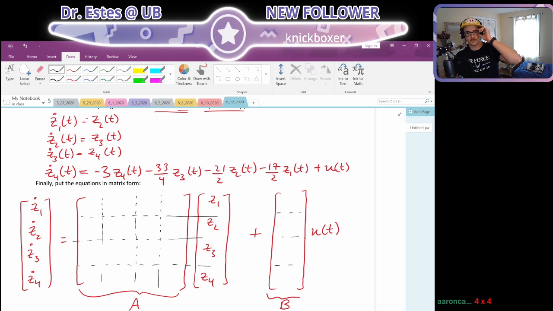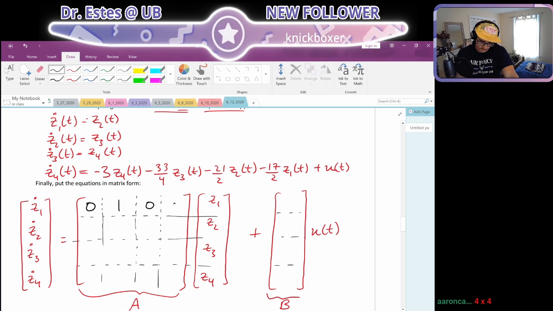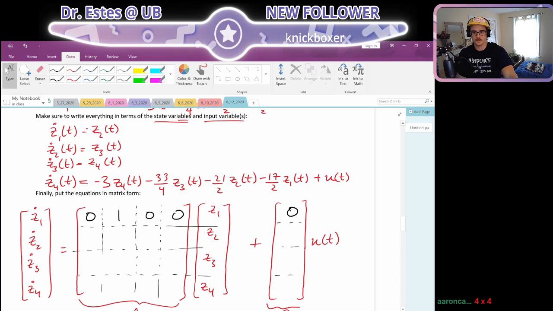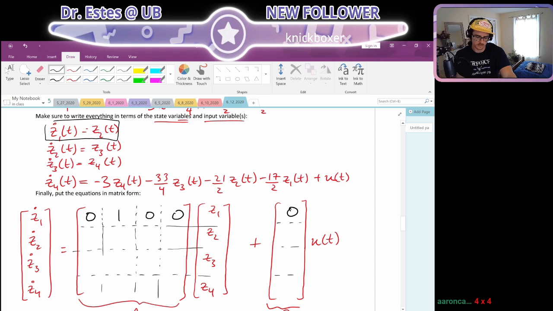A has to be 4x4. Very good. All right. 0, 1, 0, 0, 0. So what I just filled in is our Z1 dot equation. So up here, Z1 dot is just equal to 1 times Z2. So it's 0 times Z1 plus 1 times Z2, and zeros for the rest.